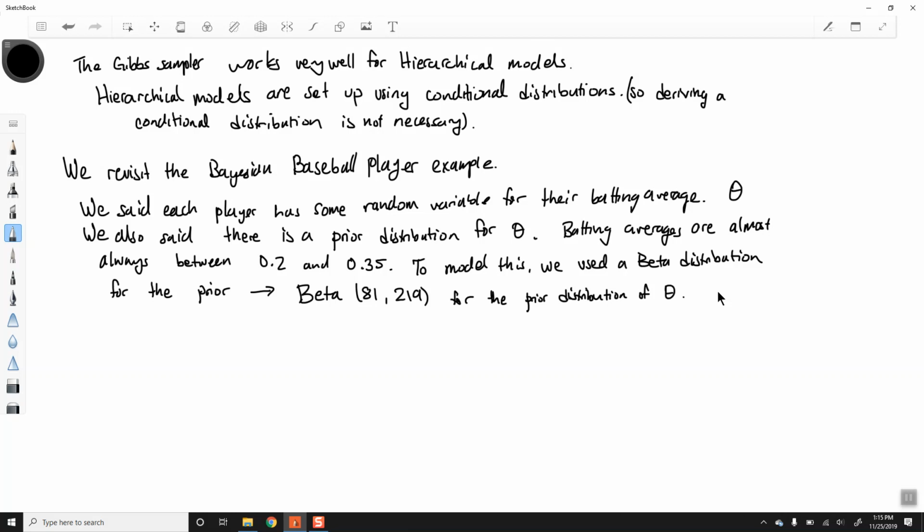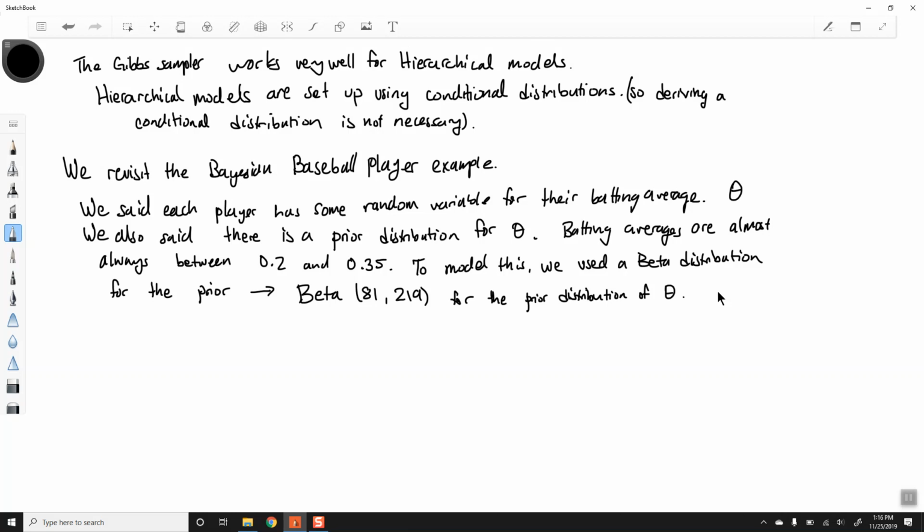Some of you might have asked, how did you get 81 and 219? I just said I did some guess and check, and it looked good. That's a fine answer. But in a hierarchical model, we can say I'm not ready to hard commit to these numbers.